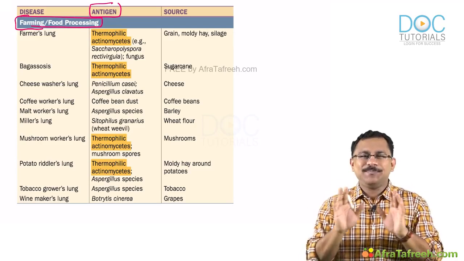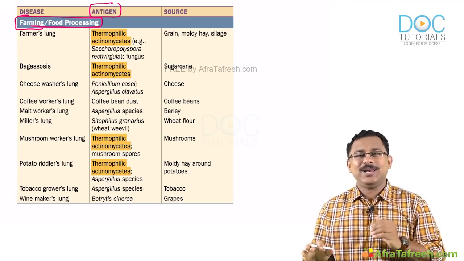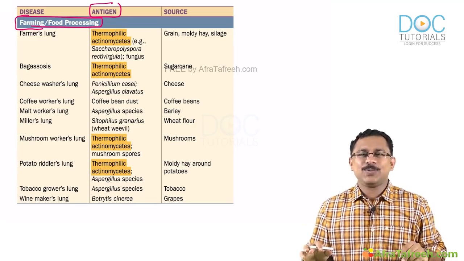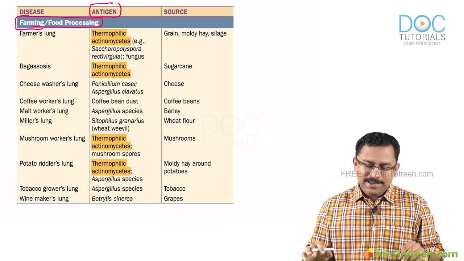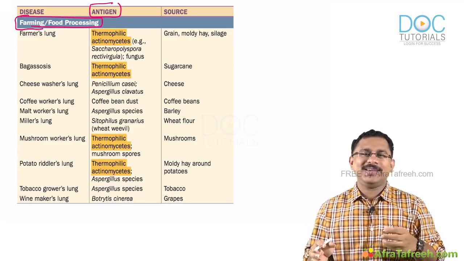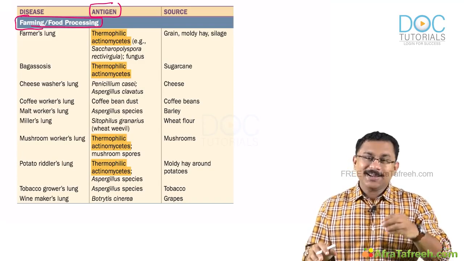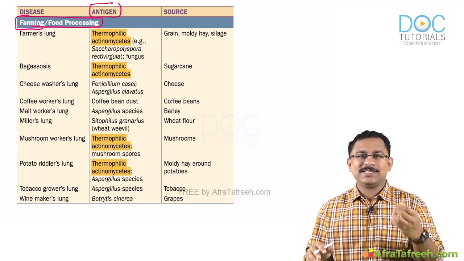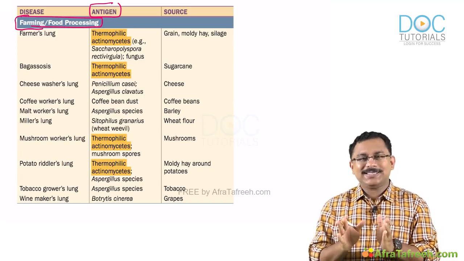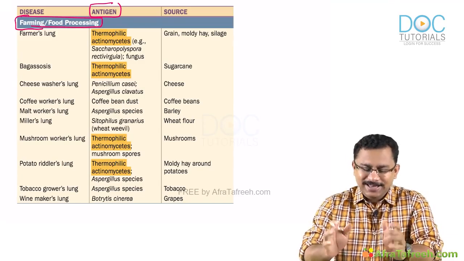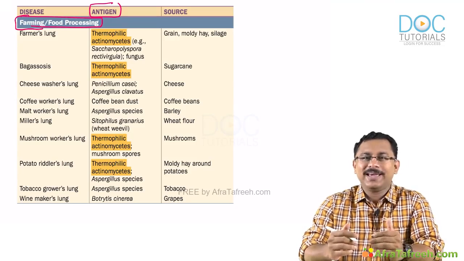But let me try to simplify it for you, and let me tell you the most commonly asked questions as well. In those exposed to farming and food processing units, certain important antigen sources are there. As you can see here, I have highlighted the thermophilic actinomyces.